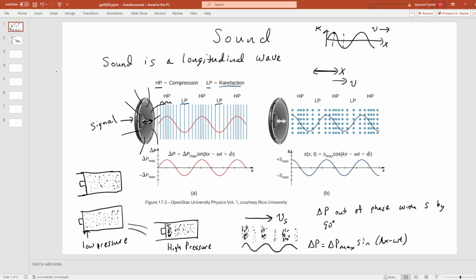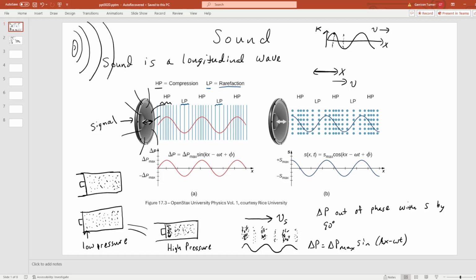I don't really think that I have the artistic skills to draw that, but you can think of this: if we have a speaker, then the sound coming out of it is going to come out in spherical shells surrounding it.